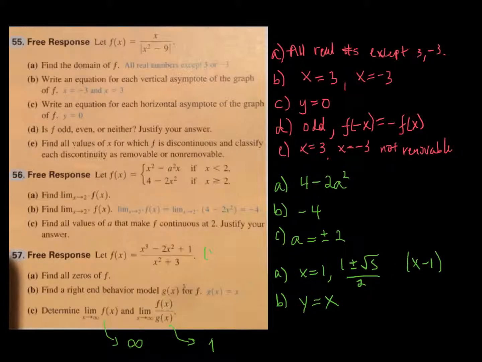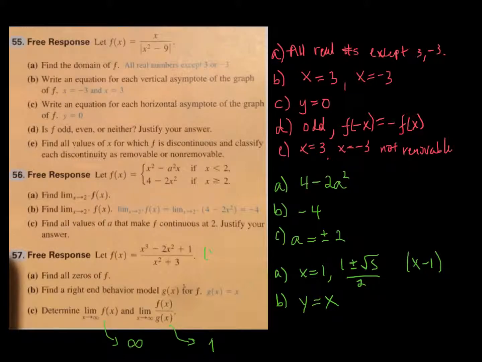And so you can now divide x cubed minus 2x squared plus 1 by x minus 1 and find the other two factors. And well, you'll actually find the quadratic, and then you can use the quadratic formula to find the roots of that quadratic, which are this, plus or minus. So you get 3 roots. So that's a little bit tricky.